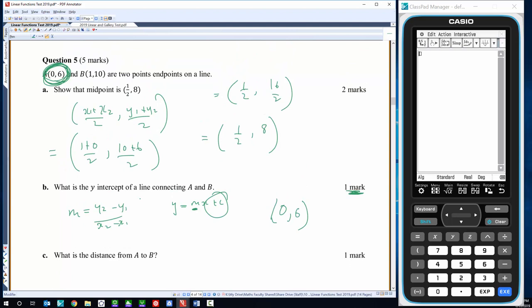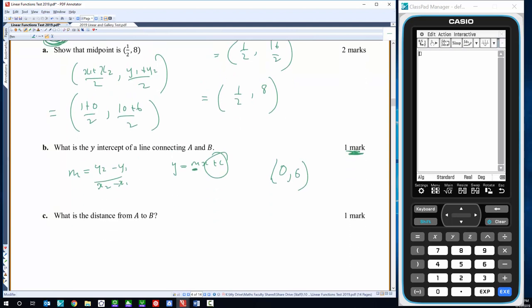So the distance from A to B, okay, so the distance formula which was on your sheet is distance equals the square root of x1 take x2 squared plus y1 take y2 squared.